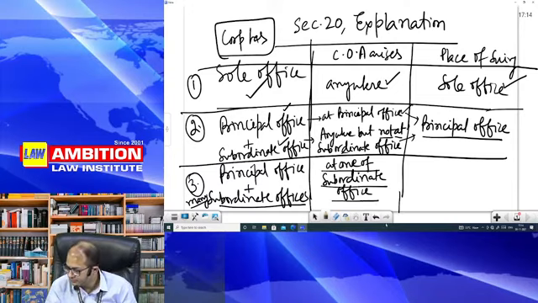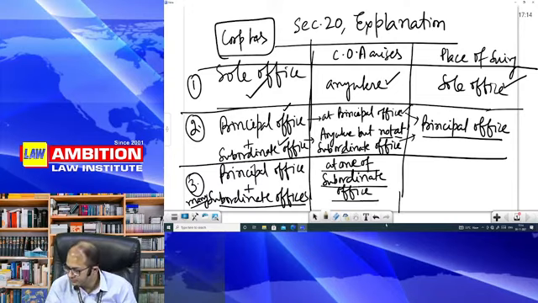So what it says basically is that it is not permissible for parties to confer jurisdiction on a court which CPC does not provide.